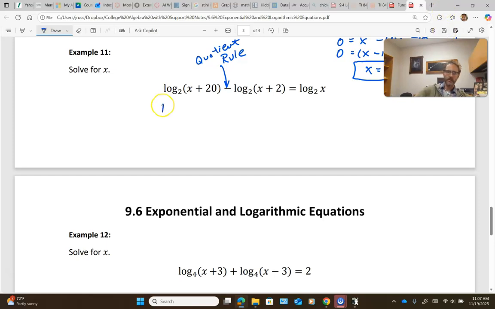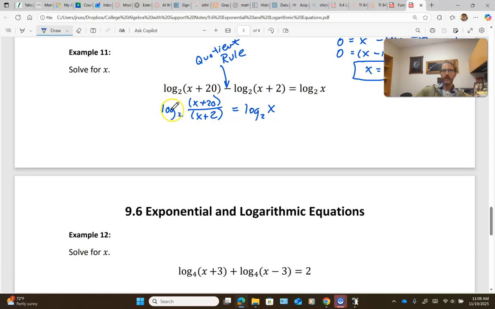Okay, so this will become log base 2 of the quotient of those two binomials, x plus 20 over x plus 2. Okay, so this is the new argument, and then this is equal to log base 2 of x. Alright, now, in a situation like this, when you have logarithms on both sides of your equation, then you don't have to exponentiate.